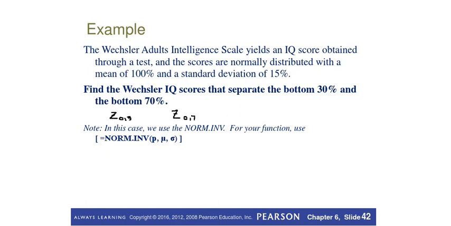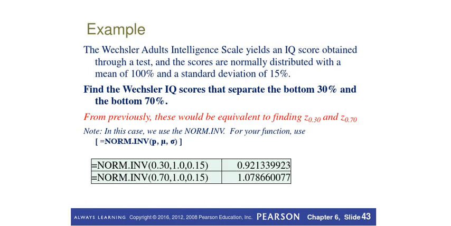So in our commands in Excel, the way we would do it is we would put in norm.inv, and we put in the probability that we want. That's our alpha number right here.